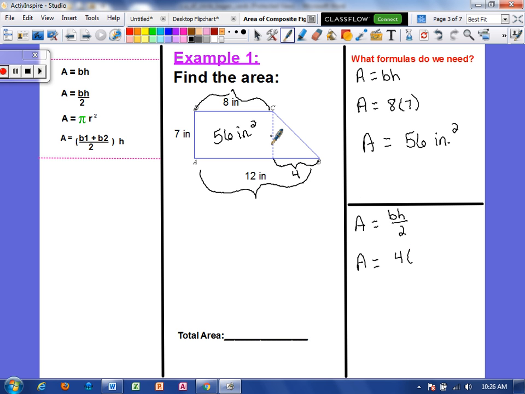Now the height of the triangle, as you can see over here, is 7 inches. So we have a base of 4 times a height of 7, and we're going to divide that by 2. 4 times 7 is 28. And 28 divided by 2 equals 14. So the triangle is 14 inches squared, and I'm going to write that over here.